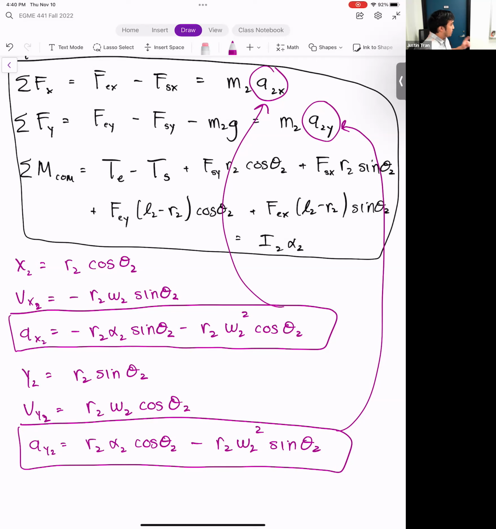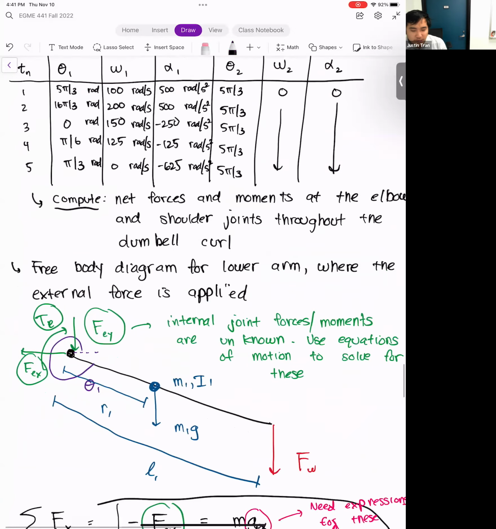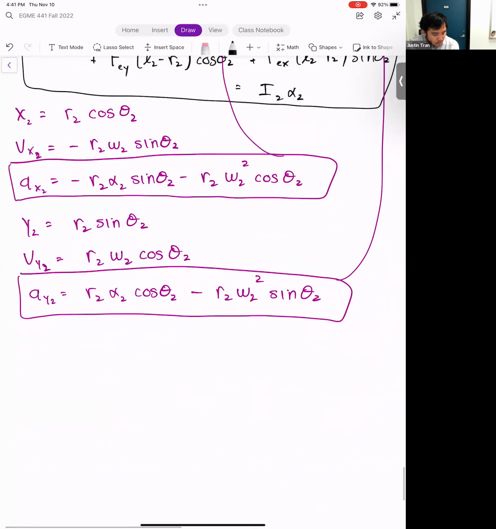Okay. Now that we have our 6 equations, we can use them to solve for our 6 unknowns, because we have every single parameter that we can plug in. It's just a matter of busy work. I don't think I've posted it yet, but I'll post the MATLAB code that I used to compute these.